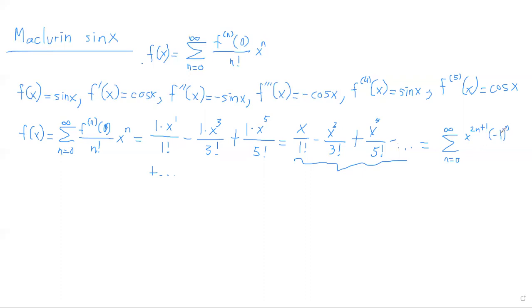So negative 1 to the power of n over 2n plus 1 factorial. You can verify for yourself that this is the correct series representation, and the first 3 values will be exactly these 3.